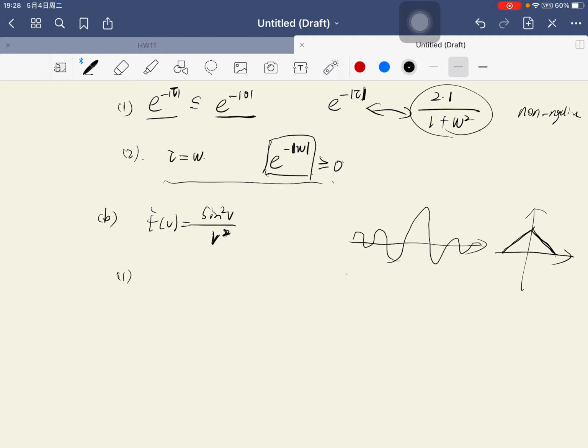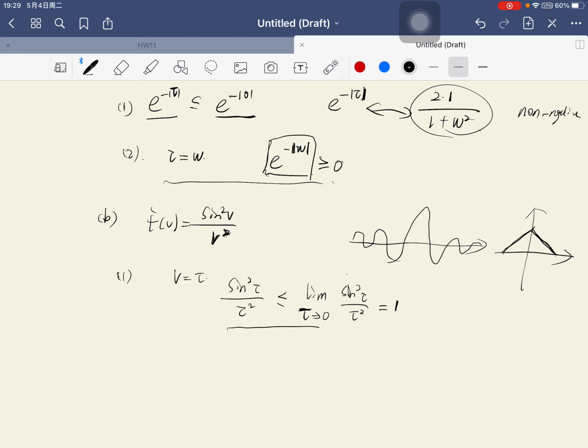When V equals tau, sine squared tau over tau squared is smaller than or equal to the limit when tau approaches 0, which equals 1.